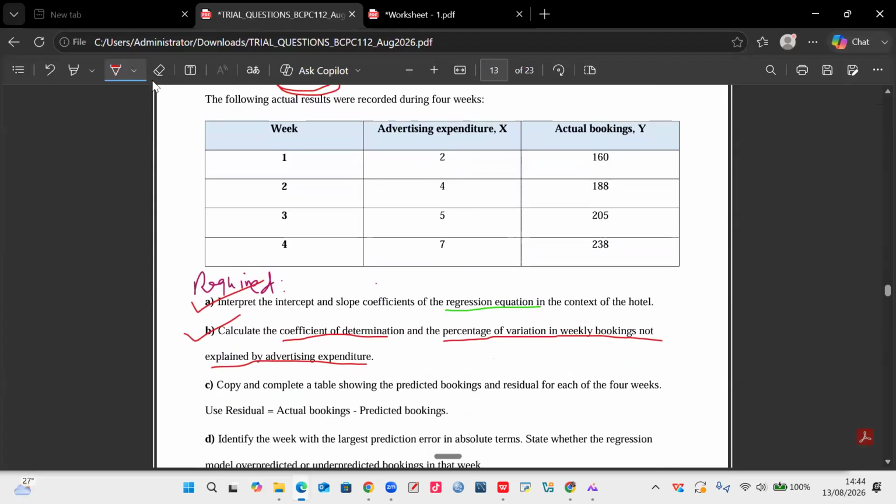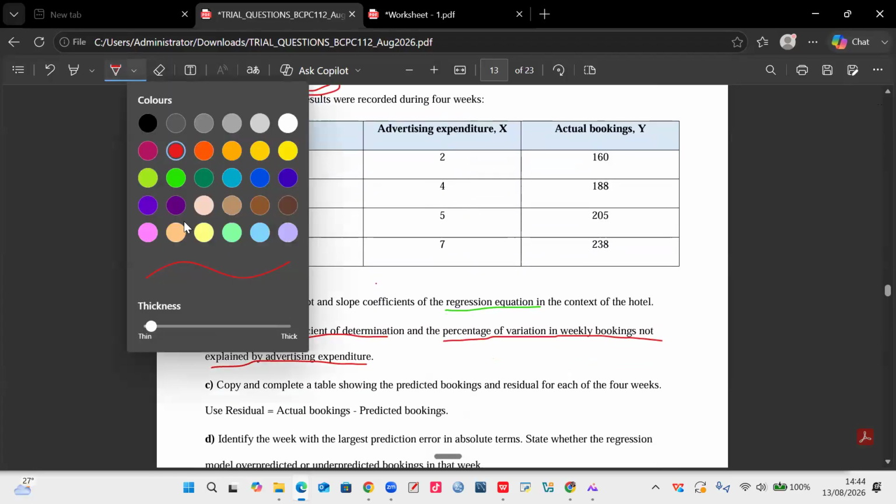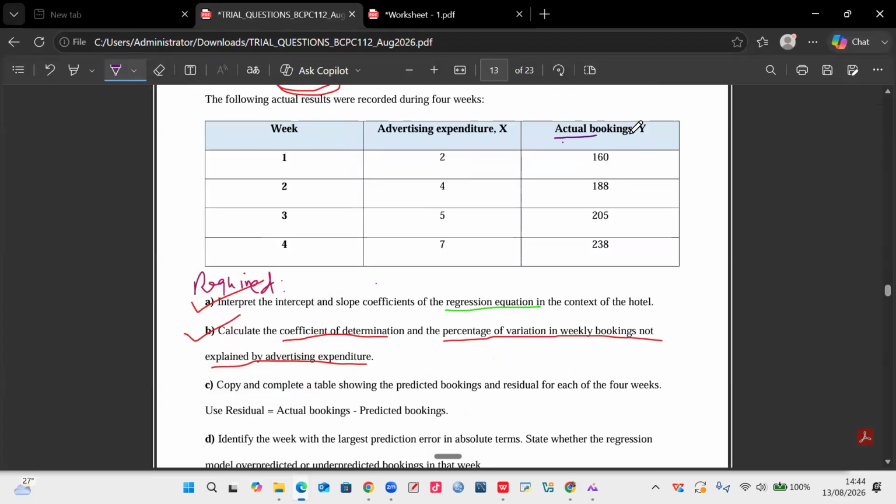Okay, so watch here. This is the actual bookings, that is the Y. Then they said it's advertising expenditure, so all these values are for X only. And yet they said these are actual bookings.